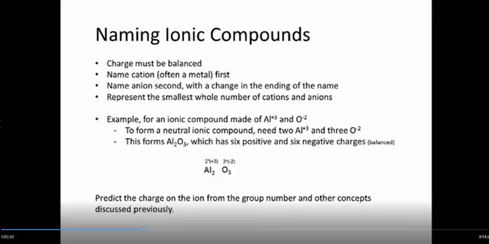There would be a total of 6 positive charges and 6 negative charges. This then forms Al2O3. Okay? Now, what do we call this molecule? We call it aluminum oxide. Aluminum, the name of the metal, oxide for the anion, and notice that we've changed oxygen to oxide.